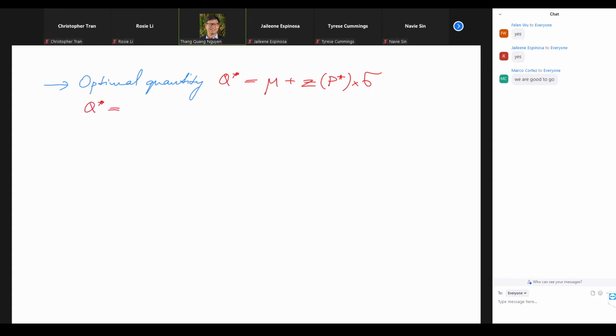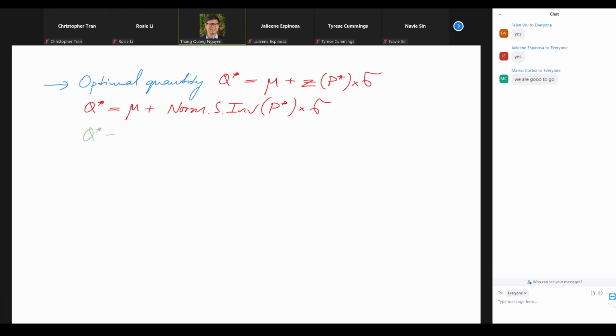All right, so to be a little bit more specific, the equation goes as: you would take the mean given by the question. The z here is calculated as NORM.S.INV of the P star, and then we multiply with the sigma, also given by the question, right? So let's put some numbers in the equation.